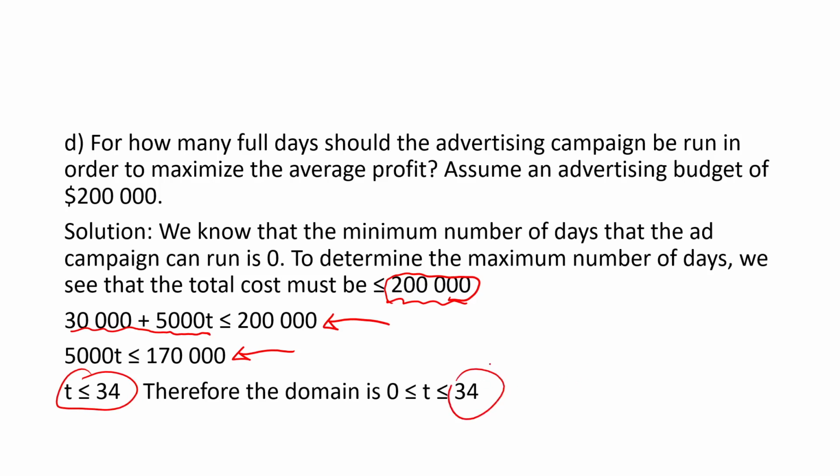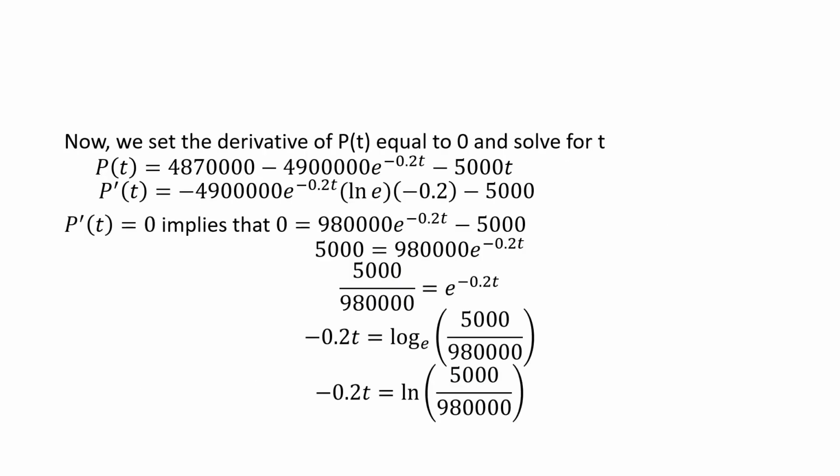So we've got an upper limit on our domain of 34, and we have a lower limit on our domain of 0, because obviously it's possible to run this campaign for 0 days. Now, since we have our domain and our formula, we want to get the derivative of our profit formula. So the derivative of 4,870,000 is 0.